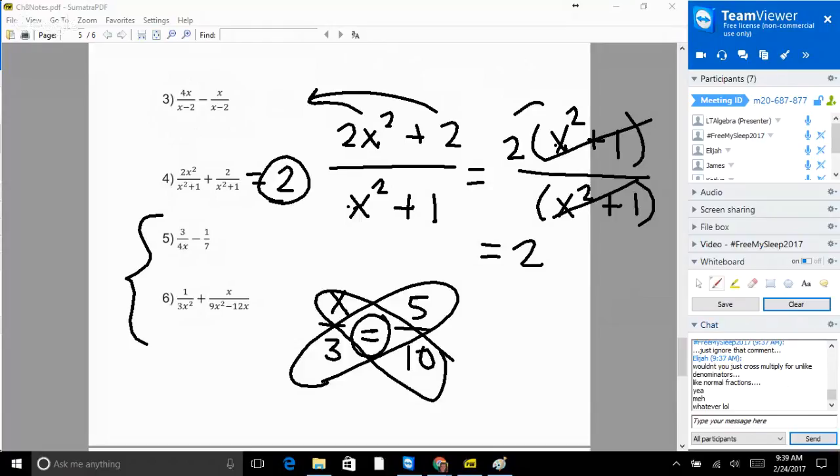But keep that in mind for section 8.6, because you were just one section ahead of yourself. Your brain was just working ahead, Elijah. I'm glad that you got the cross multiplying though.